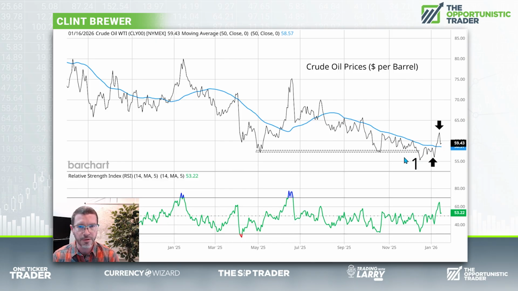OPEC members need to see much higher prices to bring their state finances into balance. U.S. shale producers have really emerged during the shale revolution as a key swing producer of oil, and once you start getting into this $50 per barrel area, it starts to become unprofitable to bring new production online.